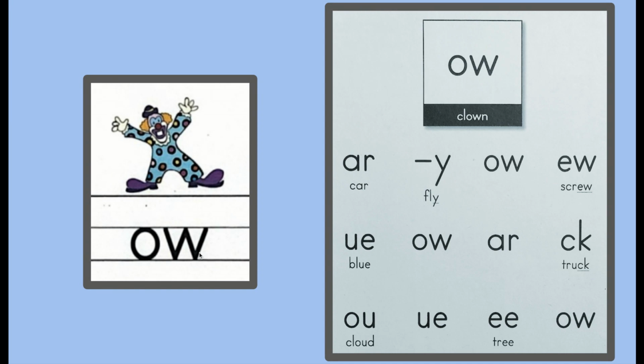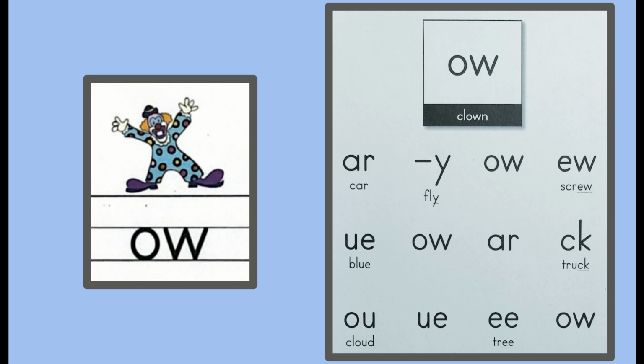Ow, ow. Now let's point to our letter pairs and say each sound. Ready? Ow, clown. R, car. I, fly. Ow, clown. Oo, screw.